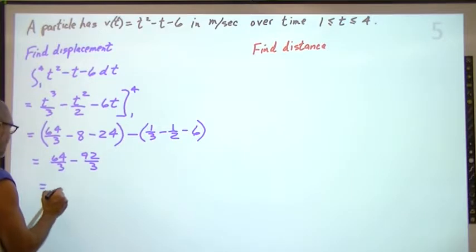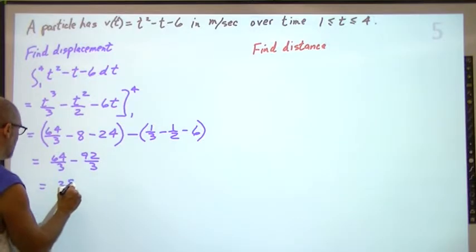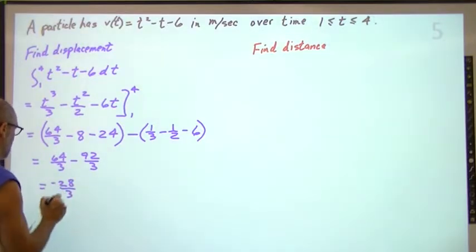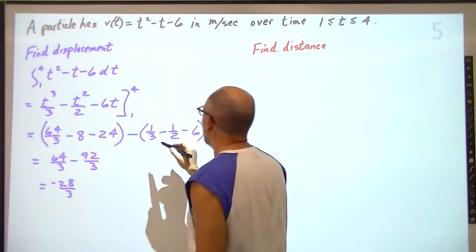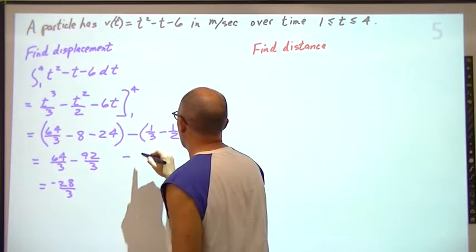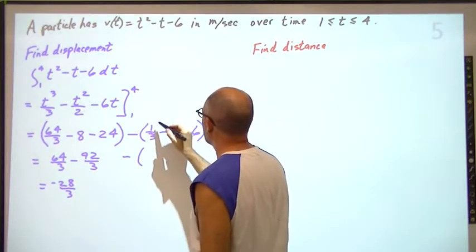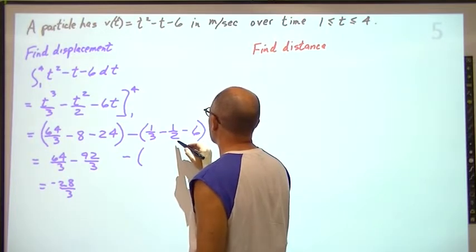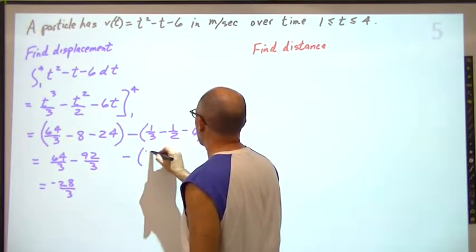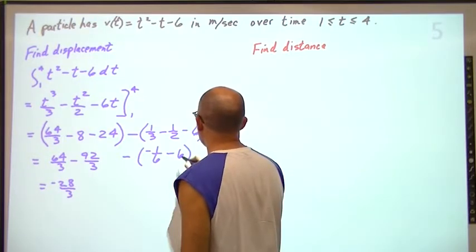And that equals -28 thirds. Okay, now over here we have 1/3 minus 1/2 minus 6, so that's 2/6 minus 3/6 is -1/6 minus 6.